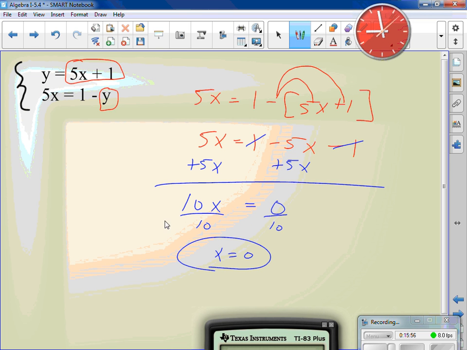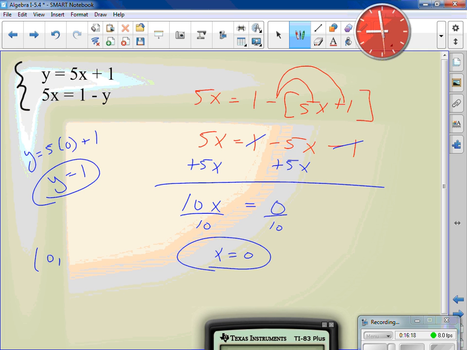Now I take this and substitute in. Which one of the two is easier to substitute in for? Top one or the bottom one? Top. Put in 0 here. Y equals 5 times 0 plus 1. 5 times 0 is 0 plus 1 is 1. Y equals 1. My answer is 0, 1, which means it is what?